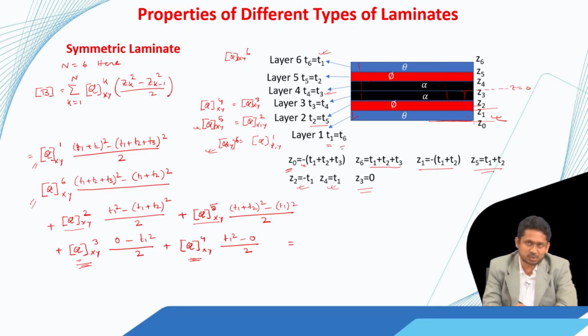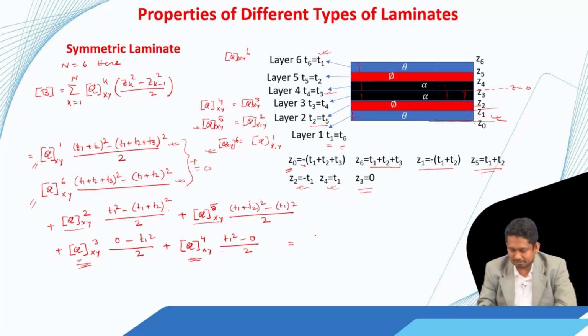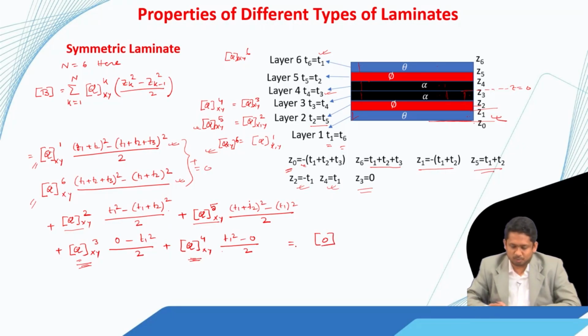Now, if I add these two up, what I get is 0, because what is here is just the negative of this. So, on being added these two terms give me 0. Similarly, on being added these two terms also give me 0, and again after adding we get 0 here. So, finally, we get a matrix with all zeros. This proves that the B matrix for a symmetric laminate, irrespective of whether it is cross ply or angle ply, is 0.